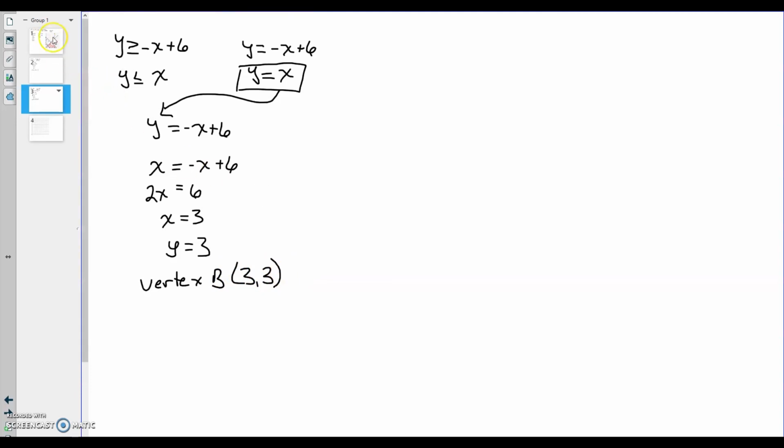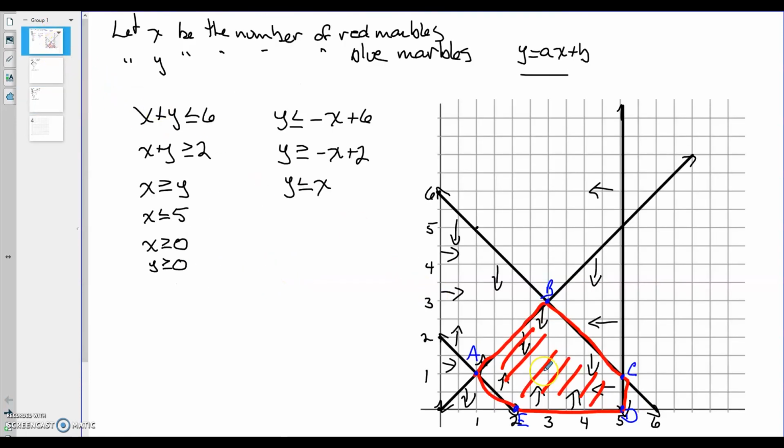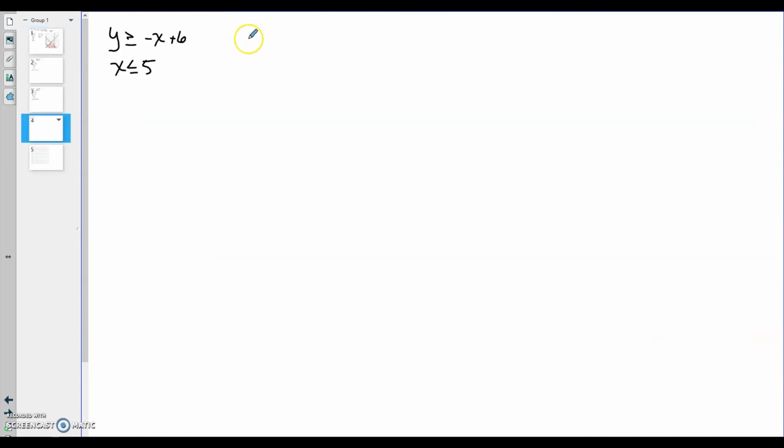Back to our original diagram again, let's look at vertex C. Vertex C is the intersection of two lines again, y less than or equal to negative x plus 6, and the vertical line x less than or equal to 5. So let's go ahead and solve for those two. Following the same process, the first thing we're going to do is convert the two lines into equations.